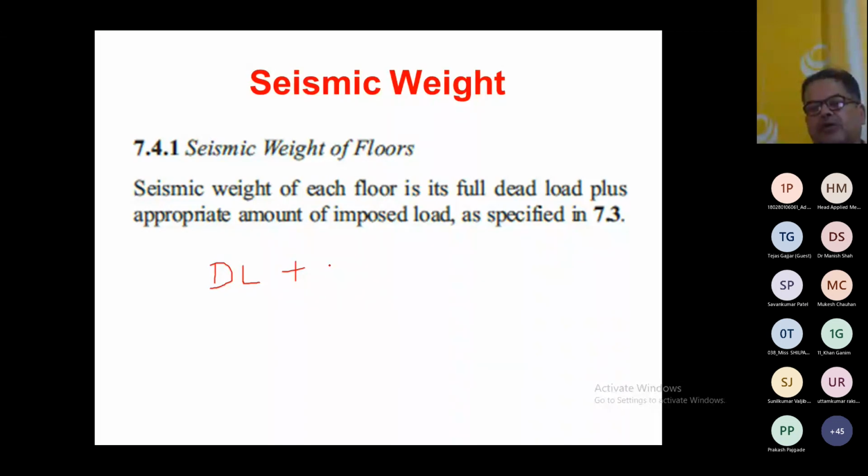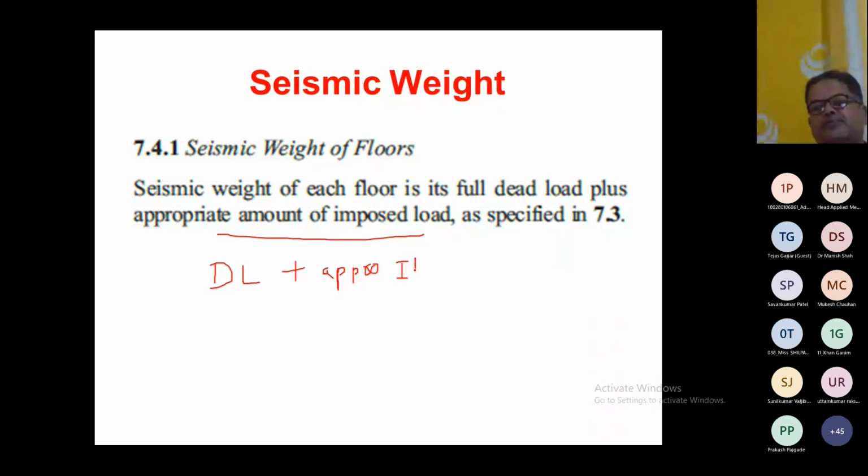Now we do not yet know what the appropriate imposed load is, right? So dead load plus appropriate imposed load, right?